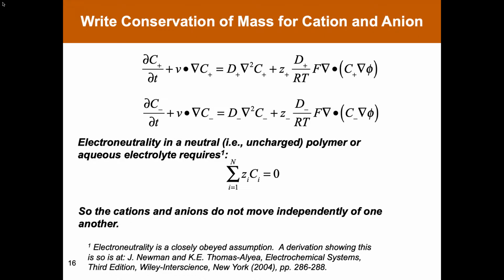And what this means is that the concentration of cations and the concentration of anions are linked through this expression. And that means that their mass transport is linked. And so these two equations, which describe the mass balance for cations and the mass balance for anions, are linked through the requirement of electroneutrality.